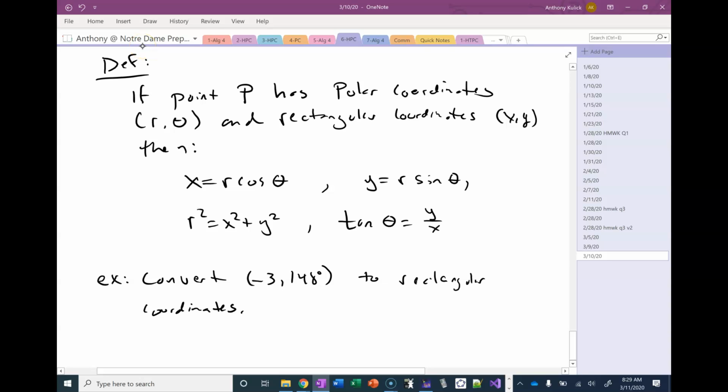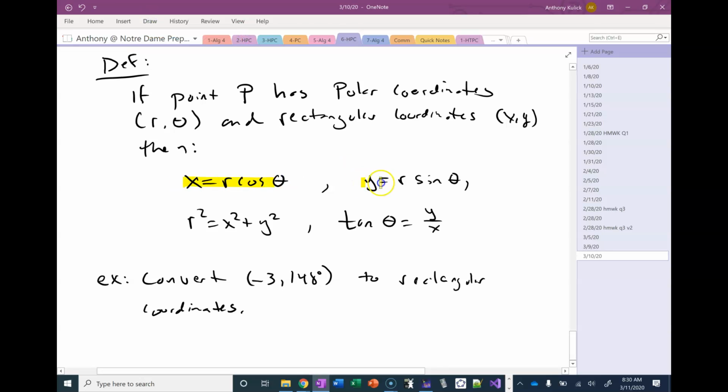So let's convert the point -3, 148 degrees into rectangular coordinates. From the above definition, which relationships are going to be useful to me? The first two. Why the first two?